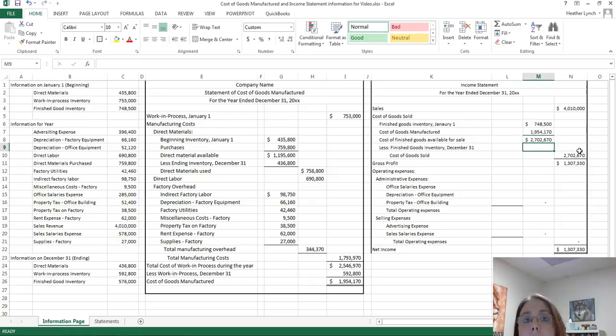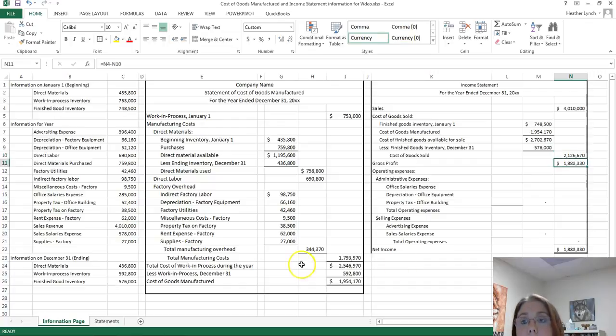Okay, now we need to figure out what was left of our finished goods inventory. Okay, so we had $576,000 worth of finished goods as of December 31st. This gives us our cost of goods sold.